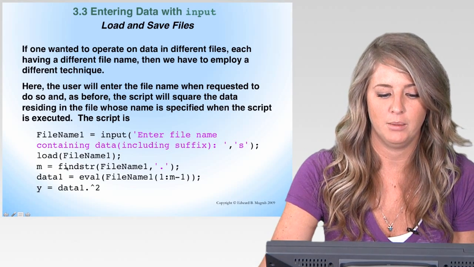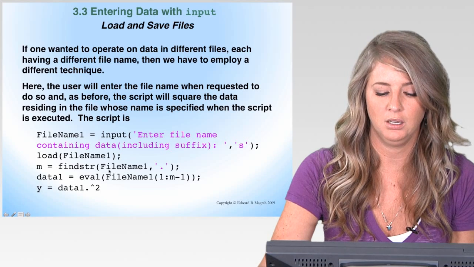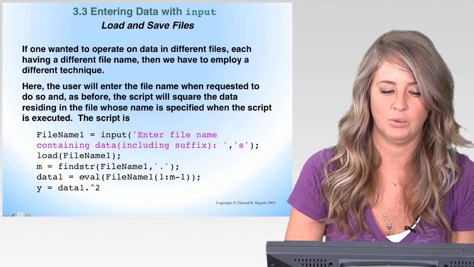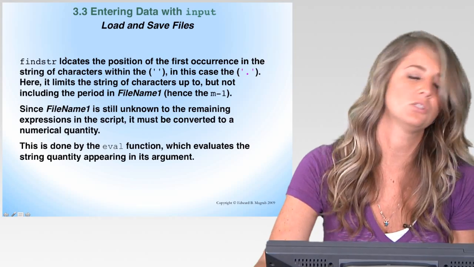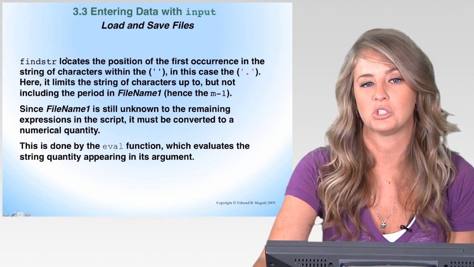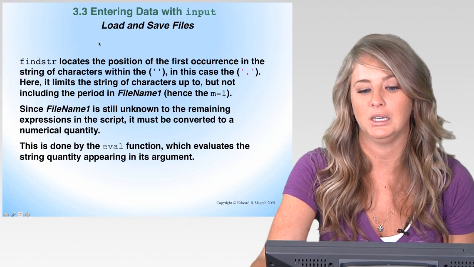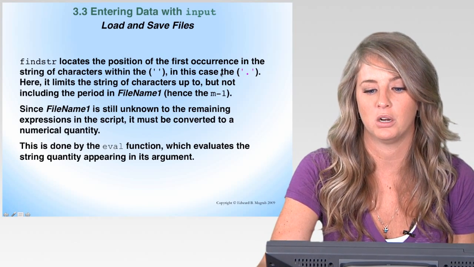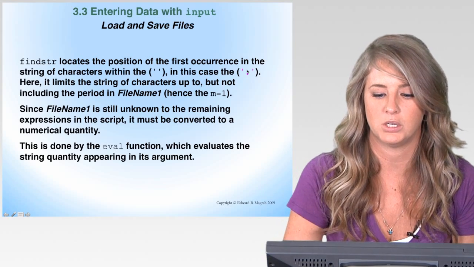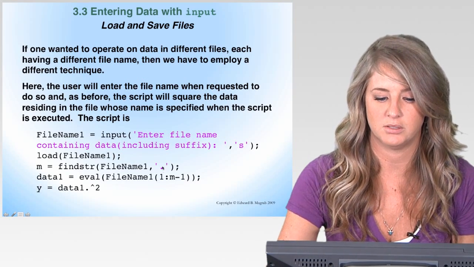And then we have m is equal find string file name 1. I'll explain here in a second what the rest of this means. So find string locates the position of the first occurrence in the string of characters within those single quotation marks. In this case, just the period that was in the single quotation marks, like you saw here.